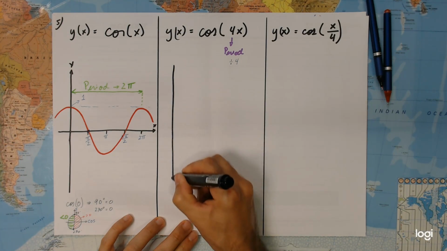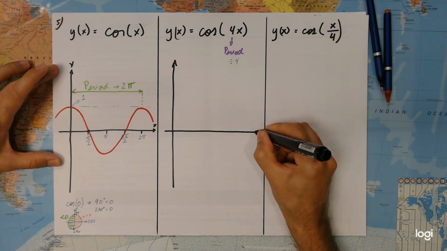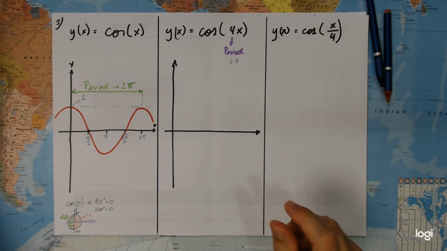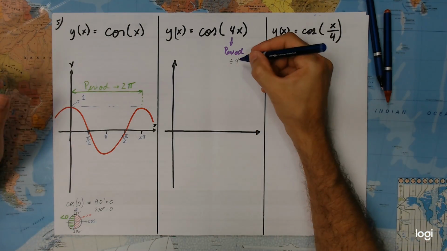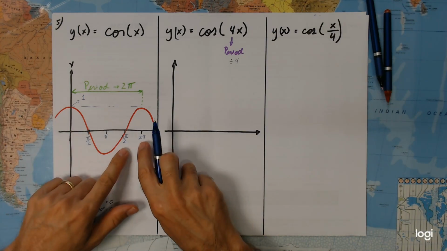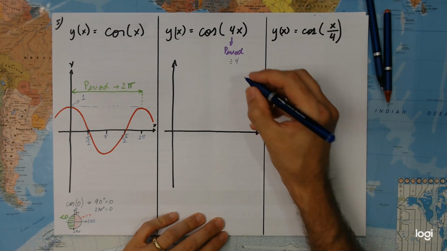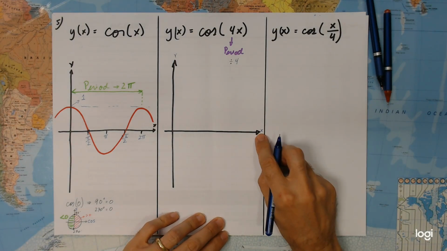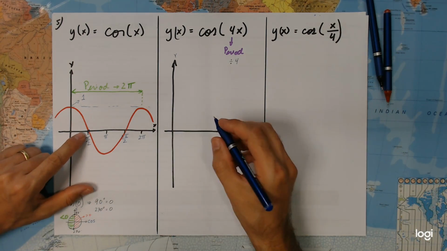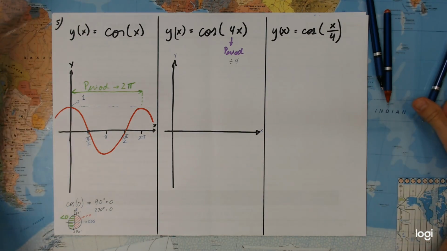Again, let's make it here, and remember that we divide by 4 here. So everything on the x-axis is going to be divided by 4. I'm going to put the same marks here.